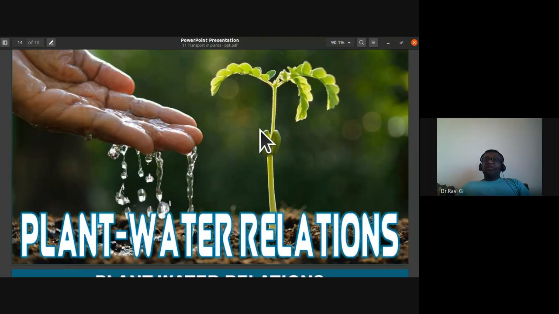The raw materials for photosynthesis are water and carbon dioxide, and in the presence of sunlight, they absorb the sunlight and utilize that energy to fuse this carbon dioxide and water. That is how we obtain glucose, and there is a liberation of oxygen during photosynthesis.